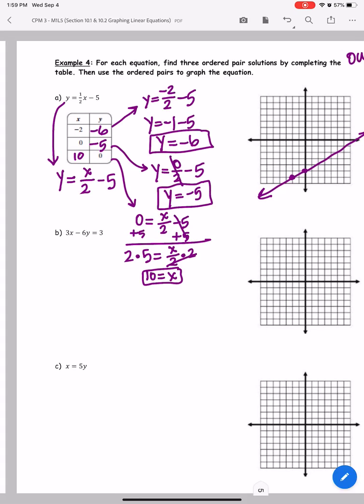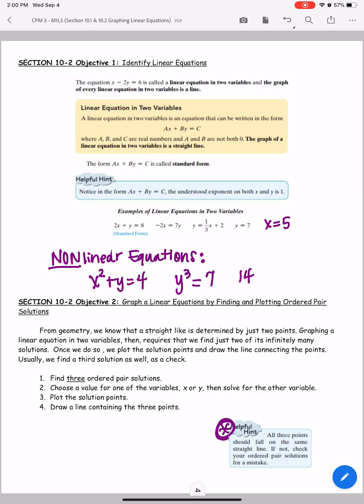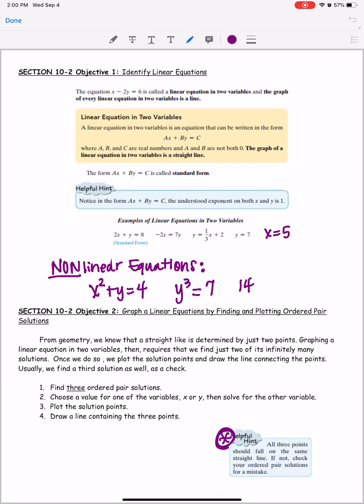Now, back on this page here, it said that you have infinitely many solutions.